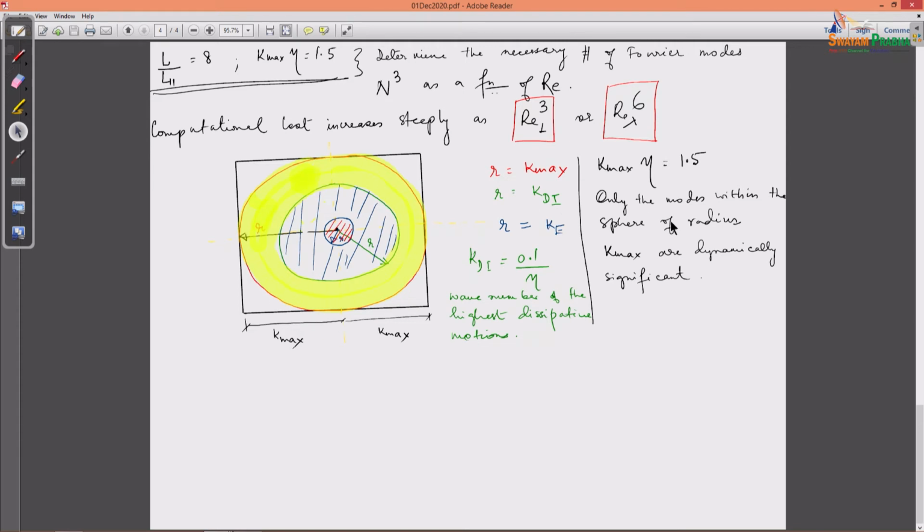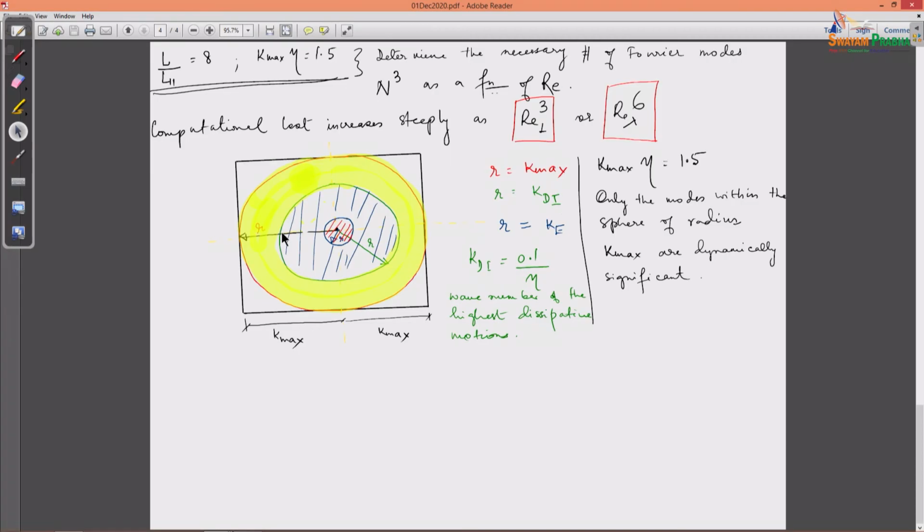We basically said that all the modes which are present in this zone, this zone is guided by K max, and it starts from K di, right? So these are the length scales. The dissipative modes lie in the shaded area, rather the modes which are dynamically significant are all present in this zone here.